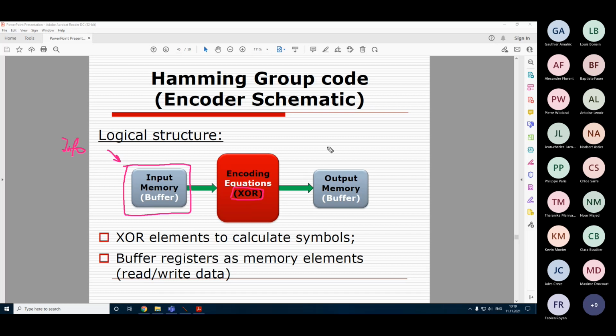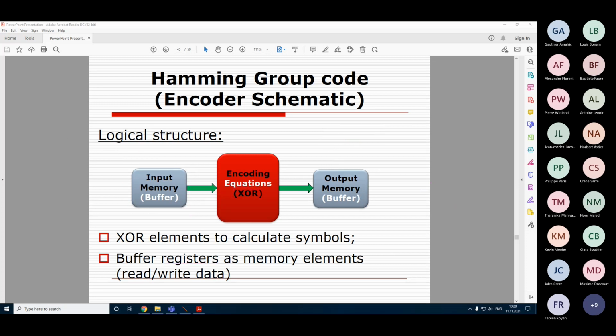And accordingly, we need an output memory to store our code word, where it will be read from. This is quite a simple approach. For XOR elements, we are going to use XOR components as logical elements. And for memory, we are going to use parallel registers to read and write data.